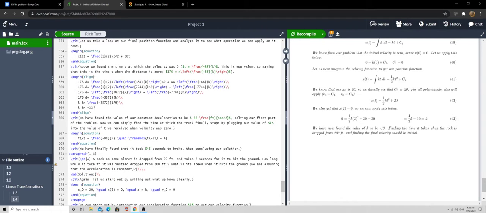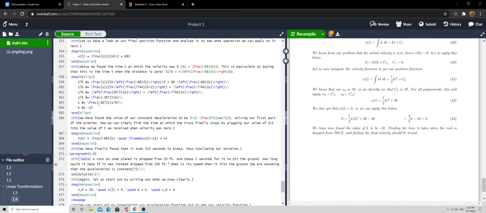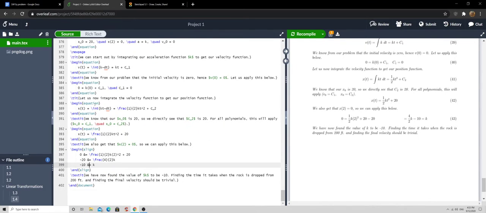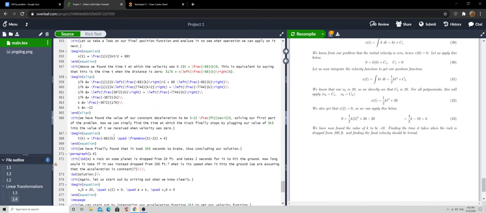I used begin align here, basically the same way. What's the problem then? Kind of confused. I can't quite tell what's going on.